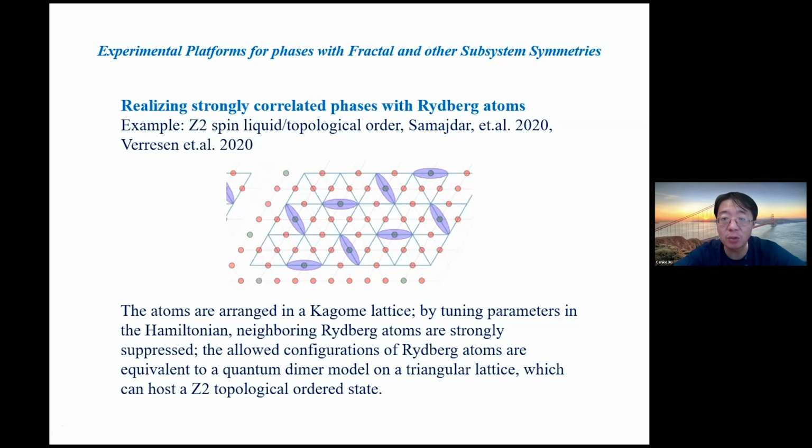We know very well that the quantum dimer model on the triangular lattice can be mapped to a Z2 gauge theory, and for the Z2 gauge theory there could be a Z2 topological order, depending on some other parameters.